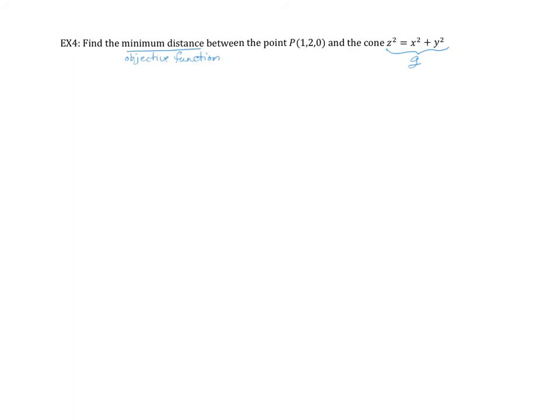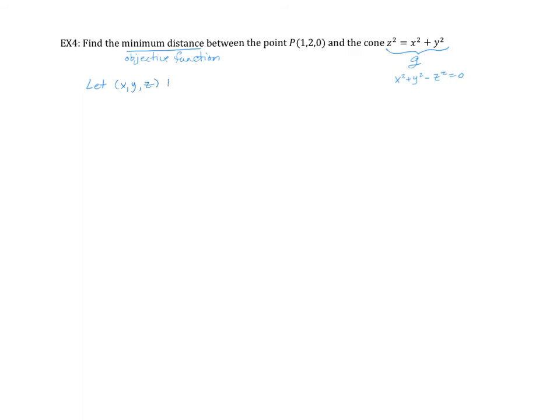So we're trying to find the minimum distance from the given point to the cone. Notice that my equation g has variables on both sides. So in this particular case, I do have to set this equal to 0 so that when I compute the gradient, I get the correct gradient. Since I'm finding some point on my cone, I need to define that point so I can use it to write equations. So I'm just going to call that some xyz.